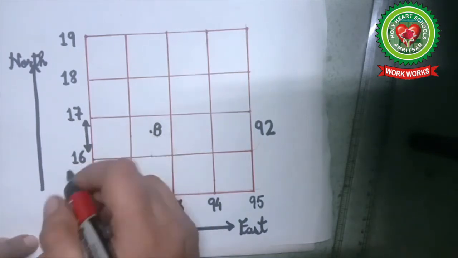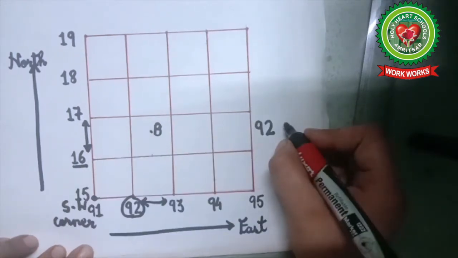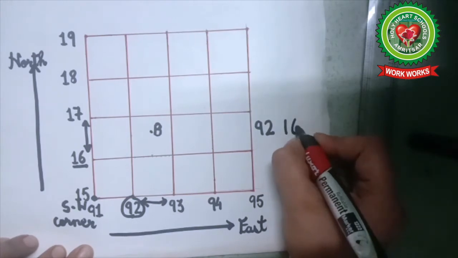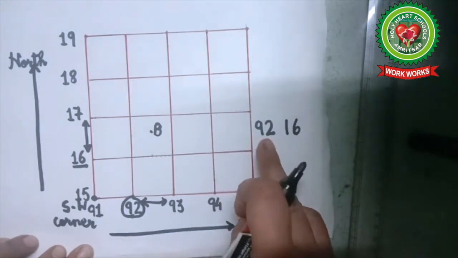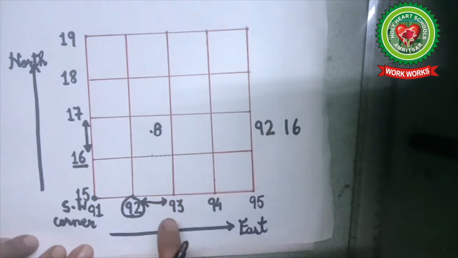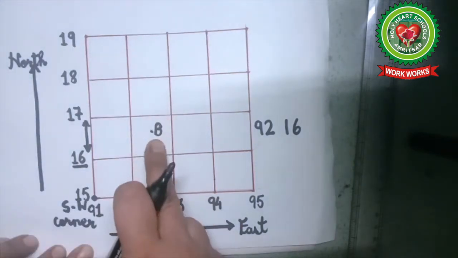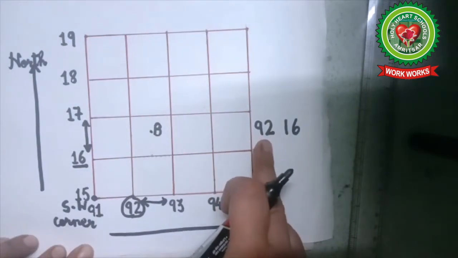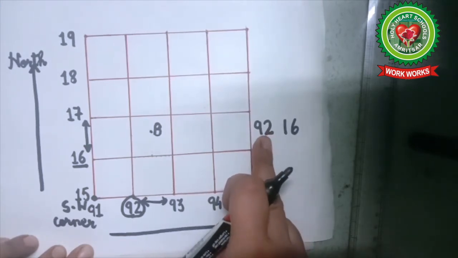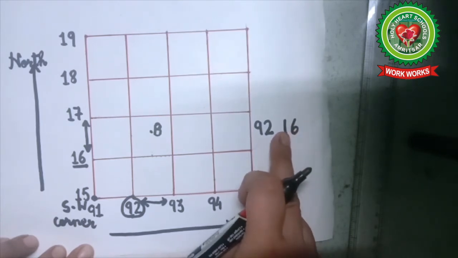Obviously it is 16. So we will write down 16. Now you can see that after reading the eastings and the northings along which the place B lies, we got the four-figure grid reference of place B as 9216. Now what will be our next step?